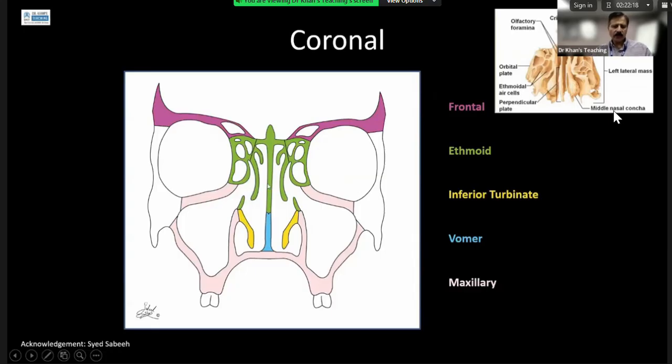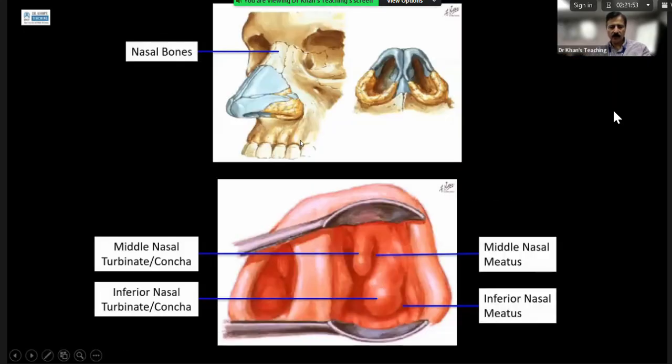So if you see here, concentrate on this. The main bone here to learn from is the ethmoid bone. Ethmoid bone is an extremely complex bone. And if you see here, this is how the ethmoid bone is. There is a horizontal plate, which is this one.